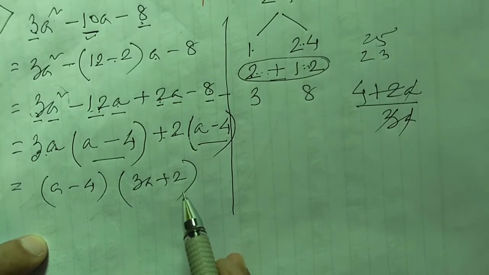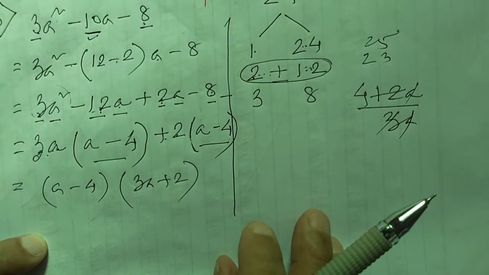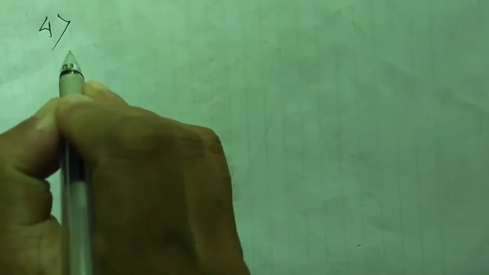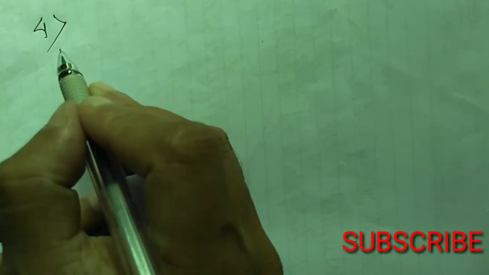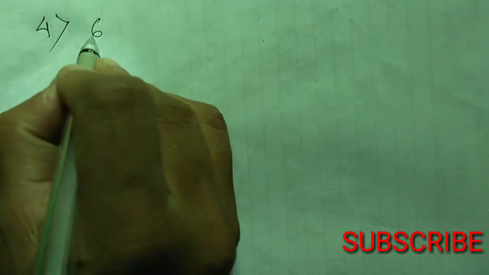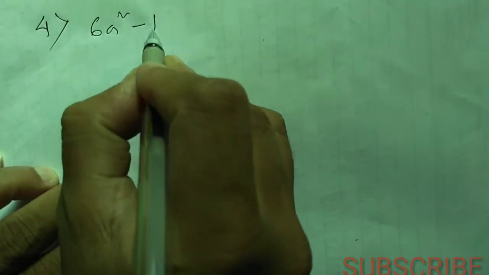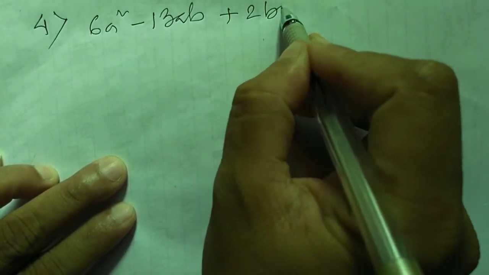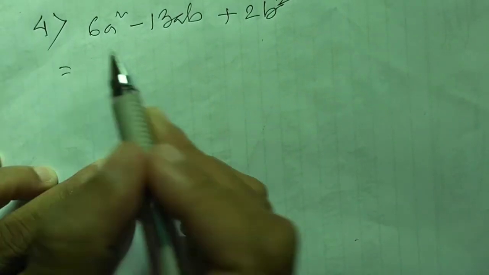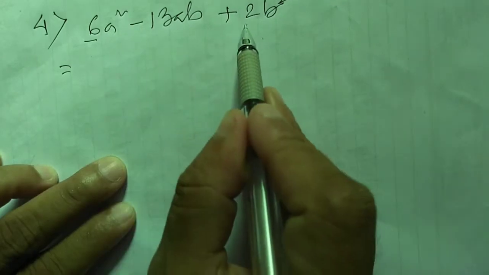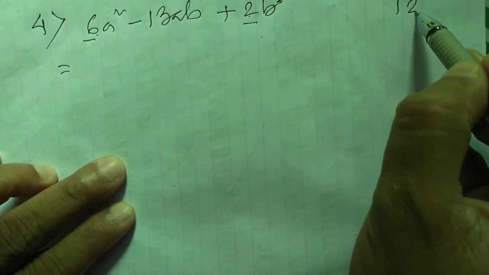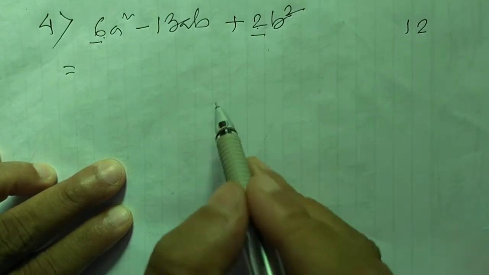Got it? Let us see our fourth sum. Question number 4. 6a square minus 13ab plus 2b square. As we know, first number and the last number will be multiplied. 6 twos are 12. Correct?